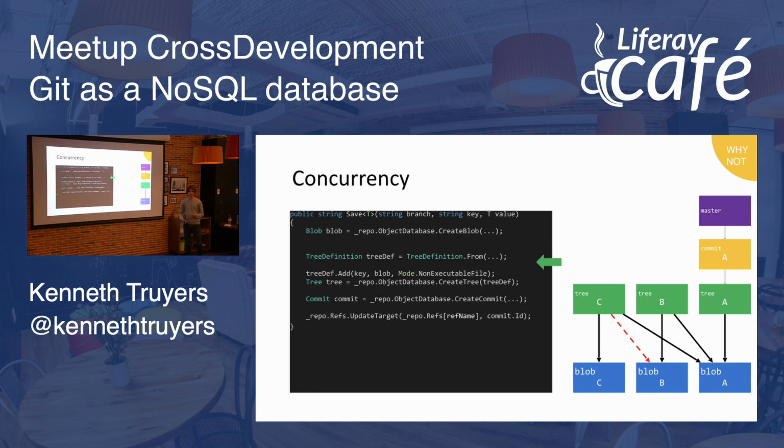Then trees. Here we do have a problem. Say we have a commit history like this. Process A comes in and says, I'm going to write a new file. The first thing it does is copy this first tree, which has a reference to blob A. So I copy it and I have a new tree that is the same as the previous one and points to that blob.